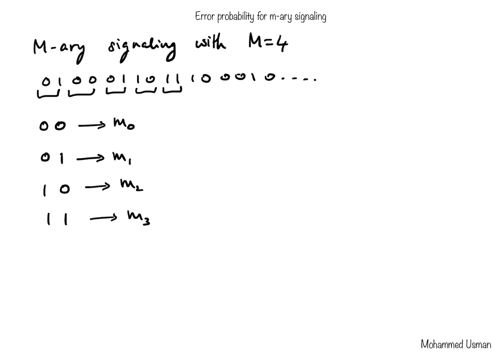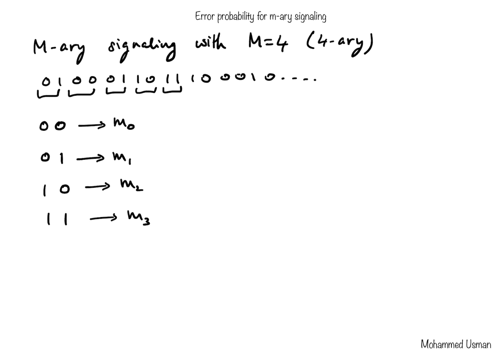So we have 4 symbols, okay? Each symbol has a length of 2 bits. So M0 is a symbol with a length of 2 bits. M1 is a symbol with a length of 2 bits, and so on. So we have 4 possible symbols. That's why we call it 4-ary signaling. M-ary with m equal to 4. So we can write that in brackets as 4-ary signaling.